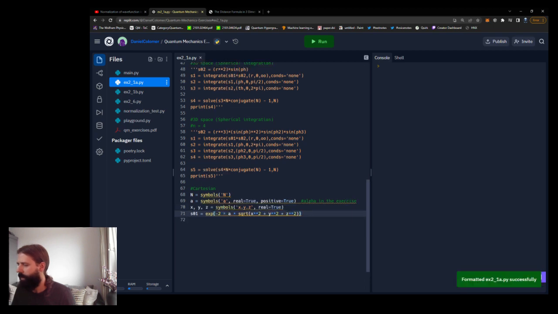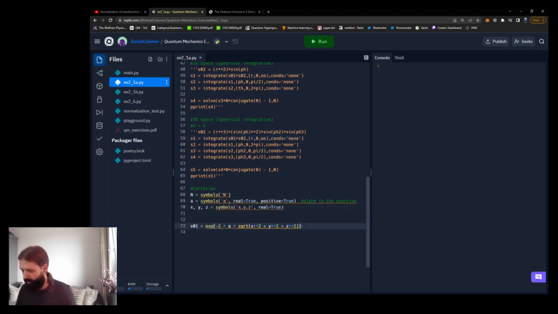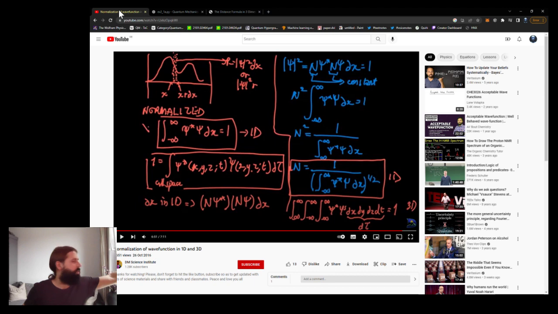And so basically what we're doing is S1. So S1 is the integration of S01. And then first we do X, from minus infinity to infinity. Okay. Then we do first X and Y then Z, for example. Right?